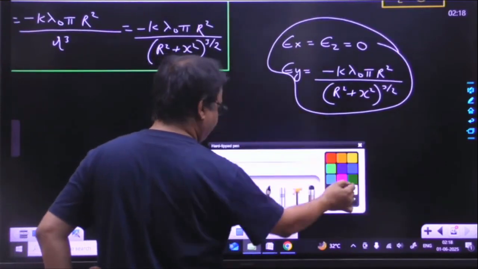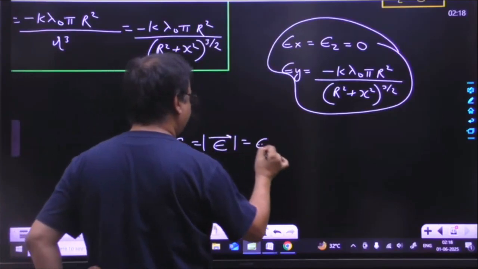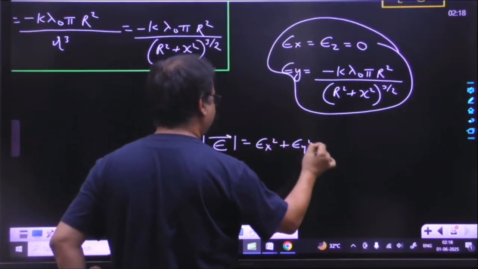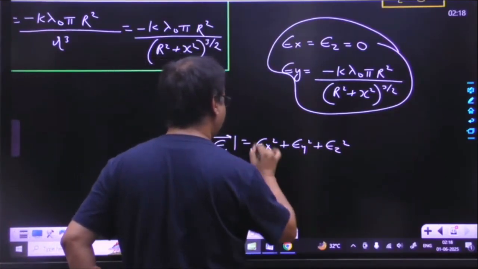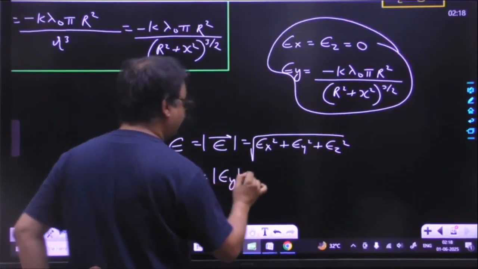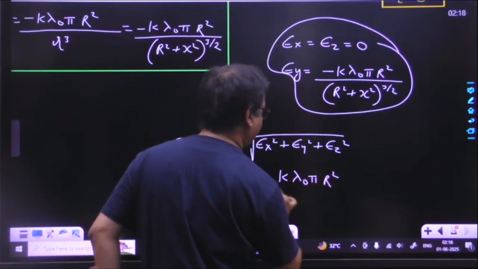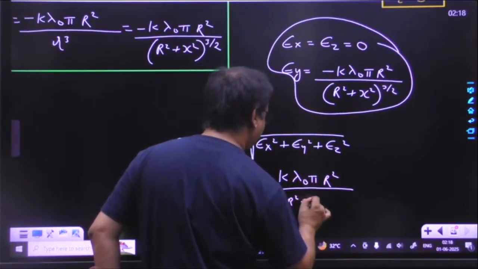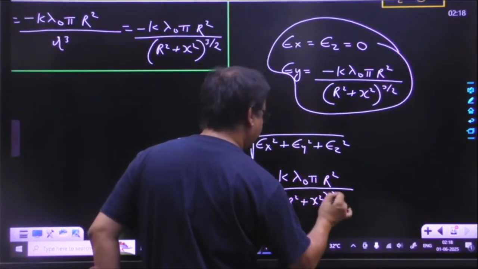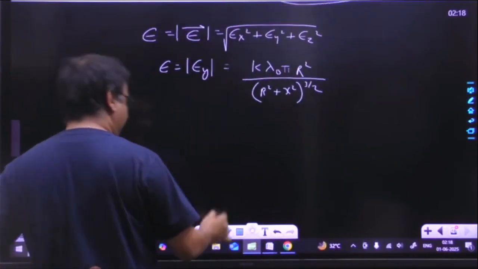If you want to find the net field magnitude, it will be the square root of Ex square plus Ey square plus Ez square. Already 2 components are 0, so it will be simply the modulus of Ey. So I'll get k lambda naught pi r square divided by (r square plus x square) to the power 3 by 2. This is your answer.